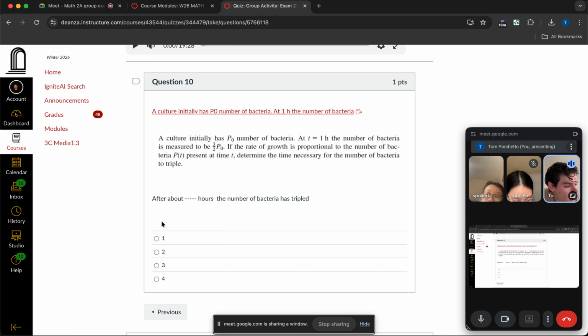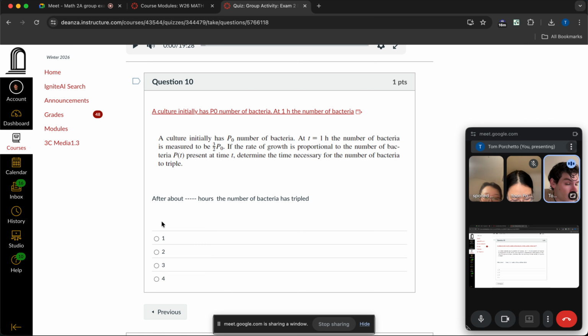So here we can set the function P of t equals P0 times e to the power of kt. Then we set that function P of t, which is P0 e to the power of kt, equal to 3 over 2 P0.